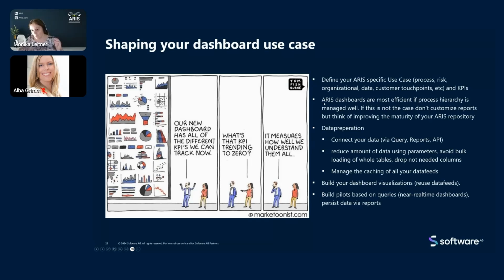ARIS dashboards are most efficient if the process hierarchy is managed well. You saw that I was drilling down through the levels, different levels of processes. This is only working if you have the assignment really there. If the link is broken, then you cannot drill down, of course. And please do not try to customize the repos, but think of improving the maturity of your ARIS repository.